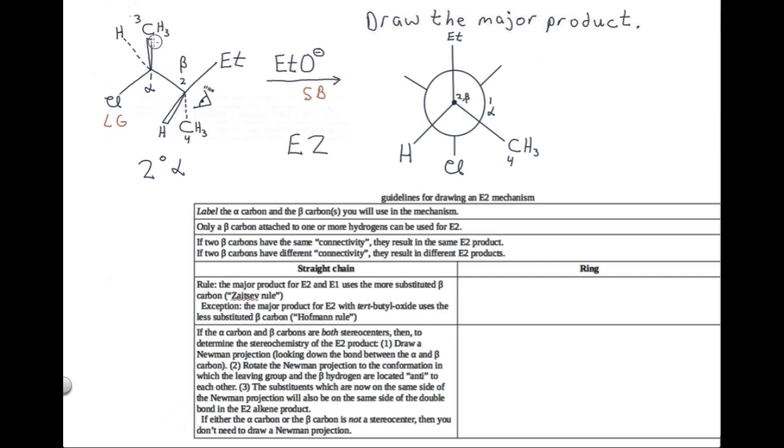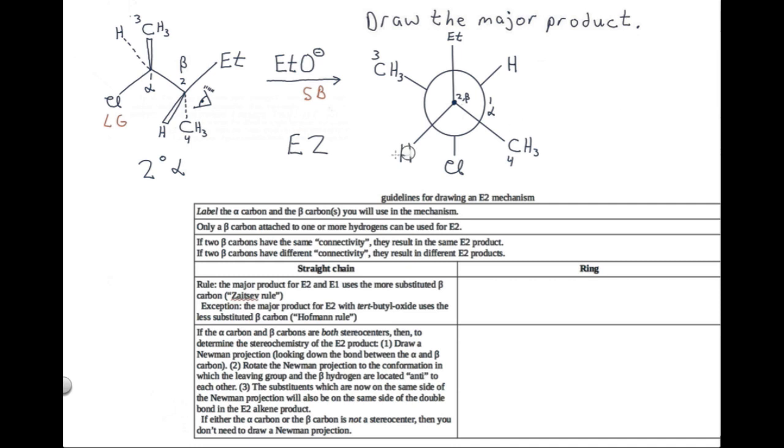Carbon 3 here is on a wedge in front of the page. In front of the page is to the left from the eye's perspective. So carbon 3 ends up pointing up and to the left from the eye's perspective. The hydrogen is on the dash behind the page, which is to the right from the eye's perspective. So the hydrogen ends up pointing behind the page and to the right.